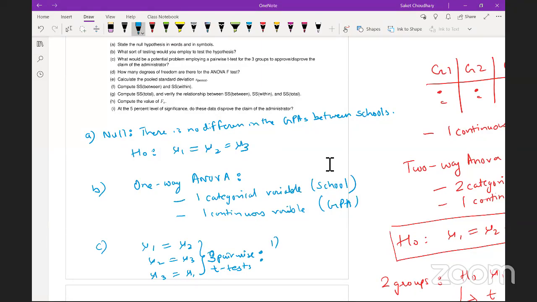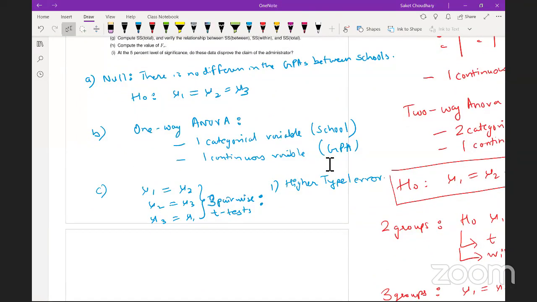First problem is you'll have inflated, or just to be clear, higher type 1 error. Okay, why? Because at each one test that we do, we have some probability of doing a type 1 error, and we are doing 3 such tests, and hence we have a higher chance of creating that error.